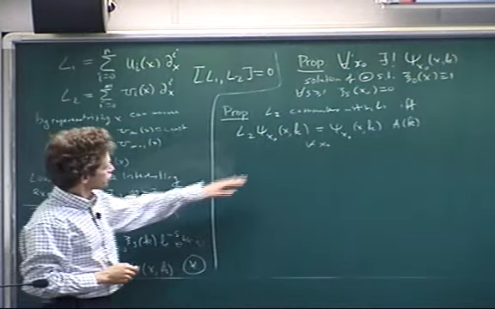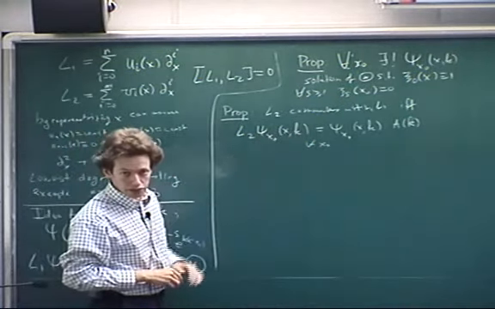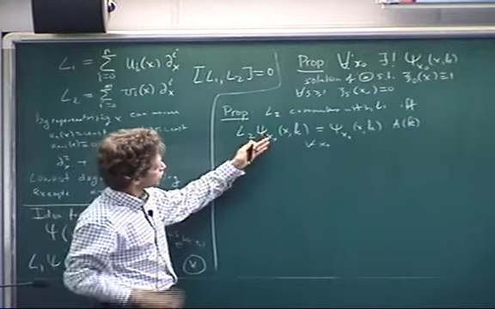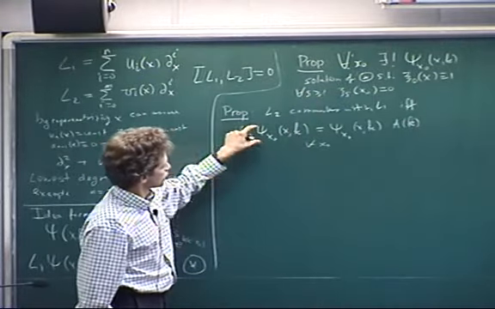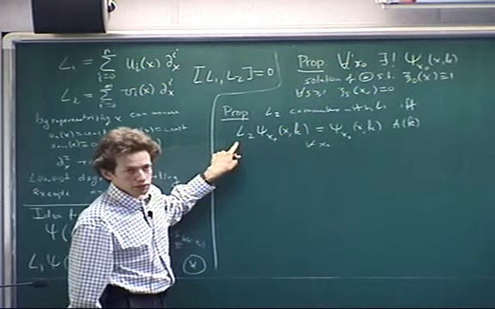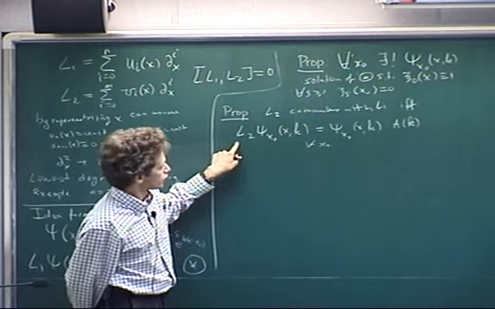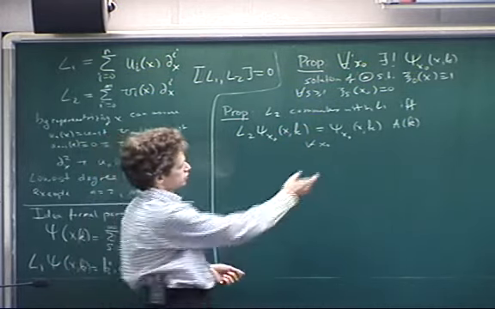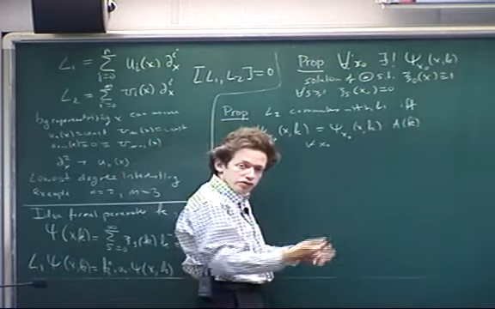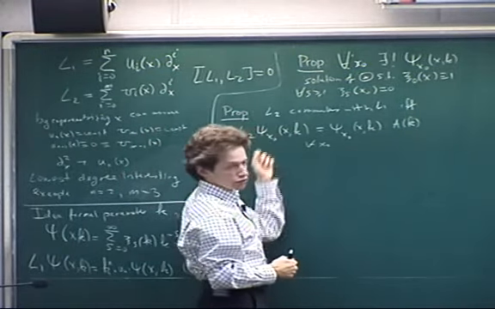Okay, so not just at x equal to x naught, but for all x. So this is to say that this function you construct for each x naught is supposed to be also an eigenfunction of L2, and the coefficient here, which is going to depend on k, should not depend on x naught.